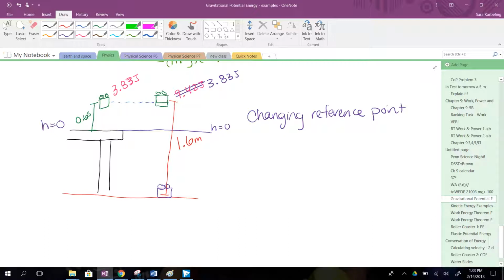Does that make sense? Okay. So here's the thing I want you to remember. We're not going to calculate it all; sometimes I do that, but not today. The thing I want you to know for sure is that you can set h equals 0 wherever you want to.